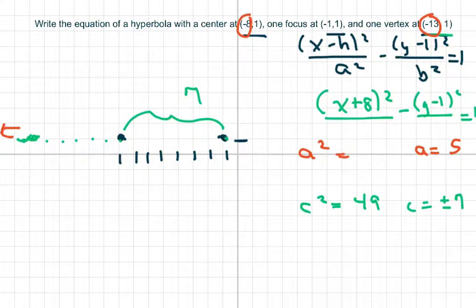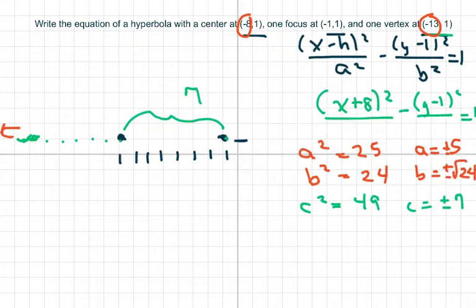Therefore, my a squared is 25. Therefore, my b squared, where you add this up, is just going to be 24. So your b equals plus or minus root 24.